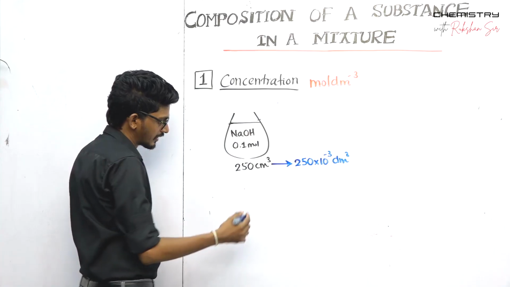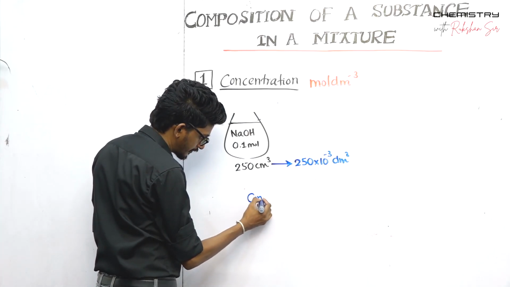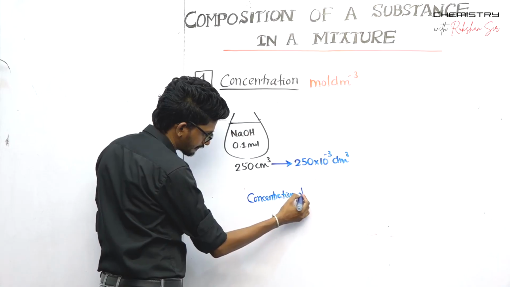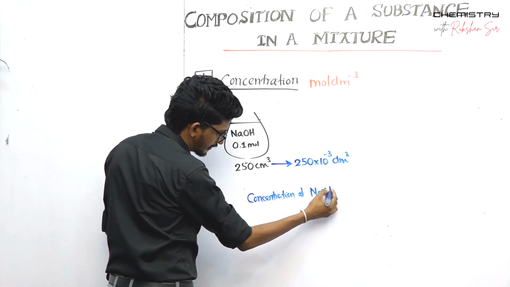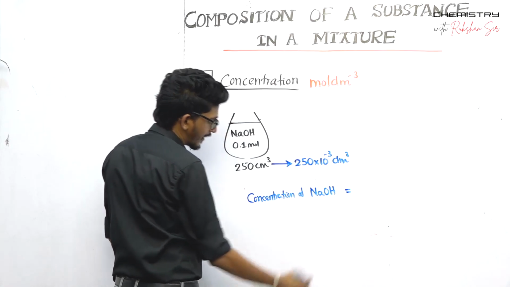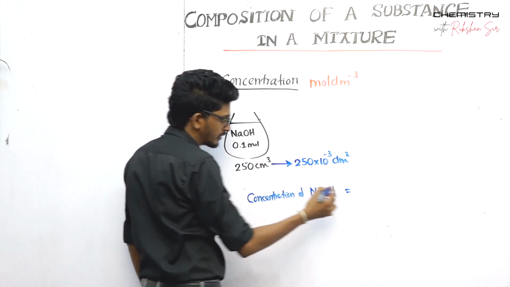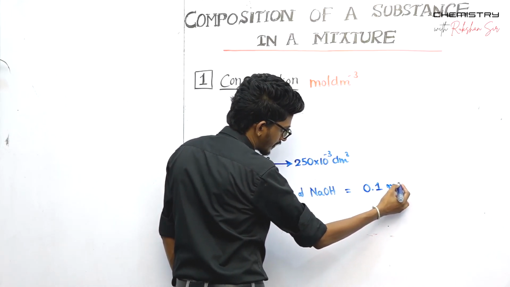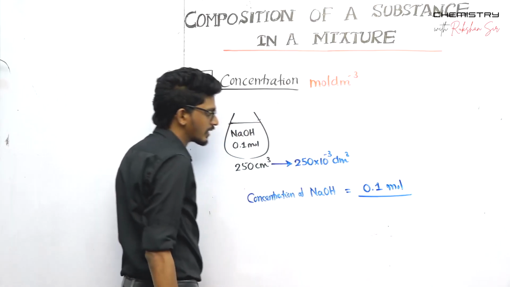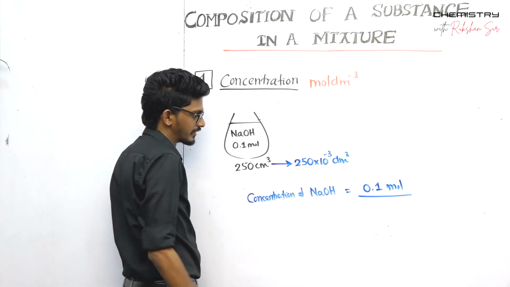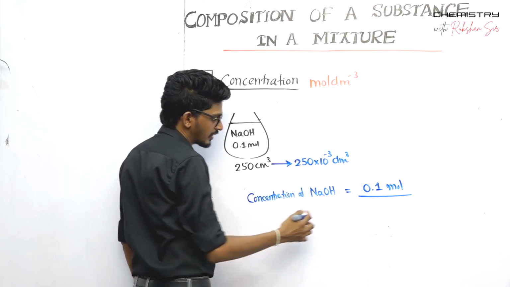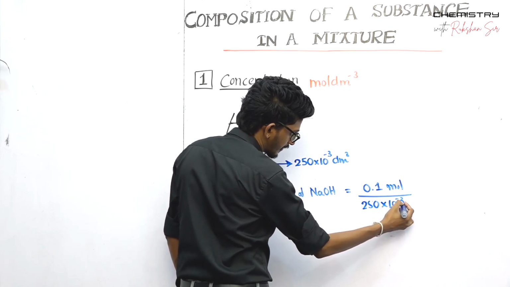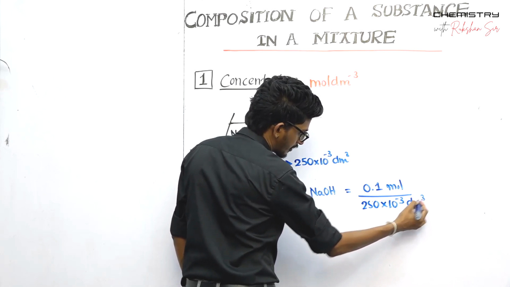We can write the concentration of NaOH as the moles value of NaOH divided by the dm3 value of the solution, which is 250 into 10 to the power minus 3 dm cubes.